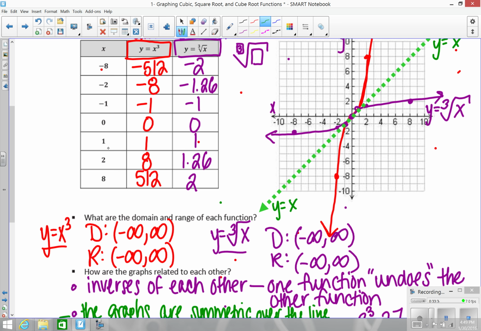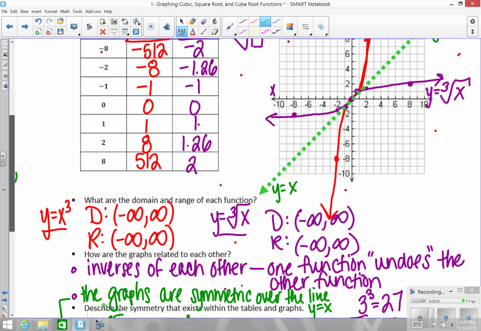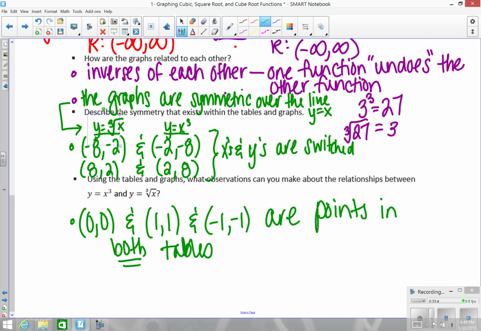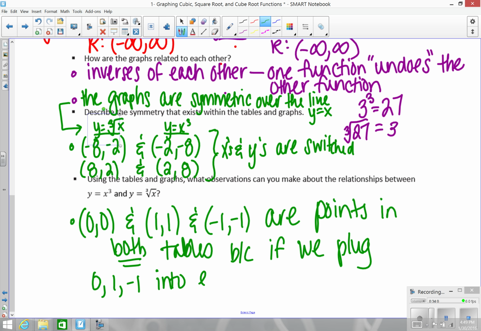Cube 1, you get 1. Cube root it, you get 1 again. So that's why those are in both tables, because if we plug 0, 1, and -1 into either function, we get the same answer.